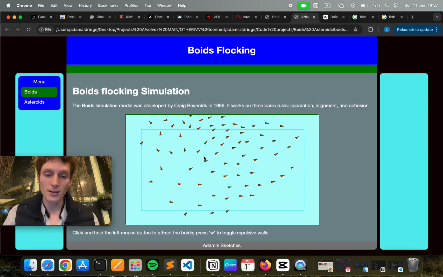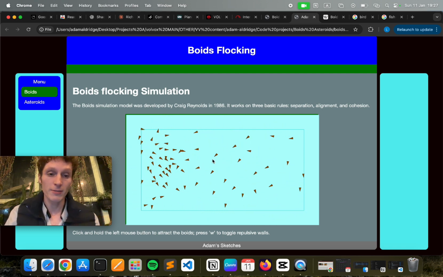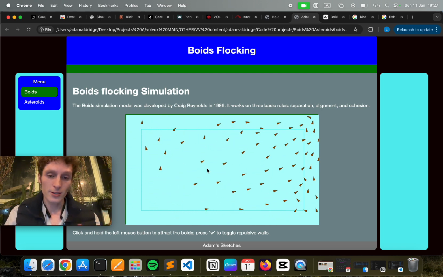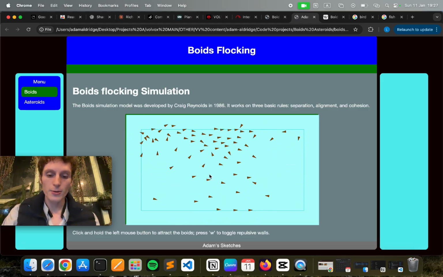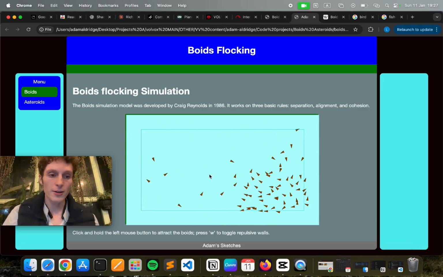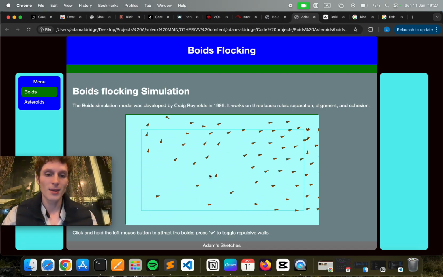So this is just in raw JavaScript with p5.js, which is a JavaScript graphics library. And there's no parallelization, no concurrency, and there's no utilization of the graphics card.